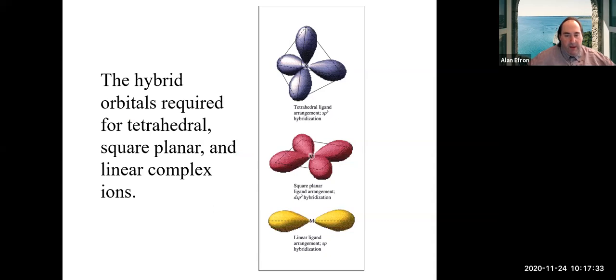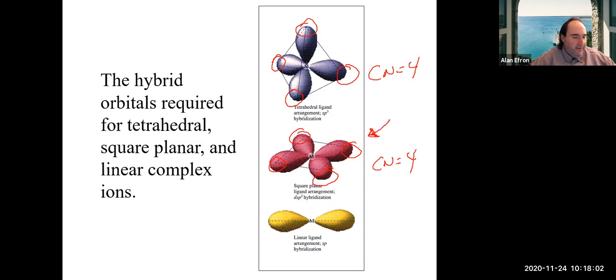Here are other common hybridizations that occur. Here, if we just look, we've got 1, 2, 3, 4. This is a coordination number of 4, and our coordination number of 4 is going to be sp3. This is also a coordination number of 4, but if you want to use the analogy, it relates to your expanded octet.